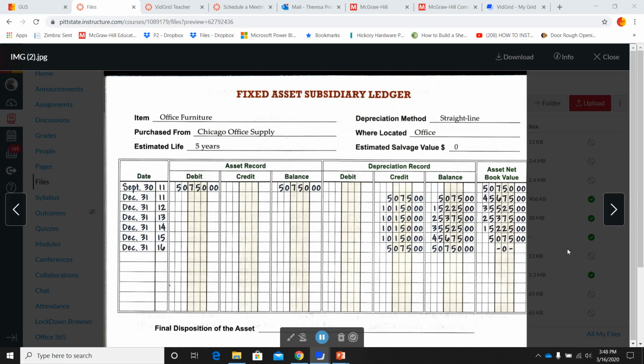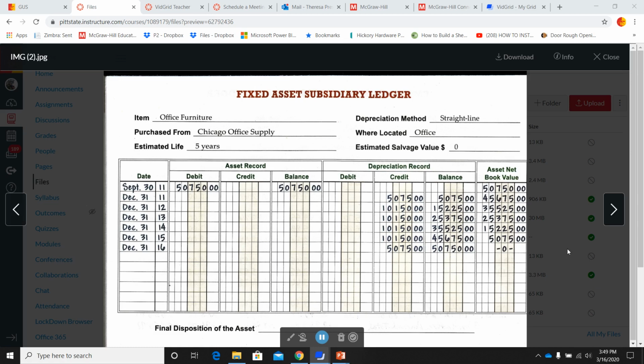Now, we just purchased something and we are going to add it. So if you'll turn over to page 43, at the very bottom, you will see a blank space. This is where you need to list in the tablets which were purchased. They were purchased from Chicago Office Supply, 5-year estimated life, straight line, going to be put in the office with 0 salvage value. Therefore, the first line needs to show that date, the same date you just used in your purchases journal.